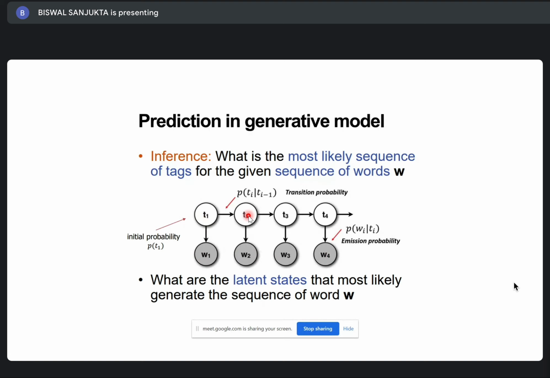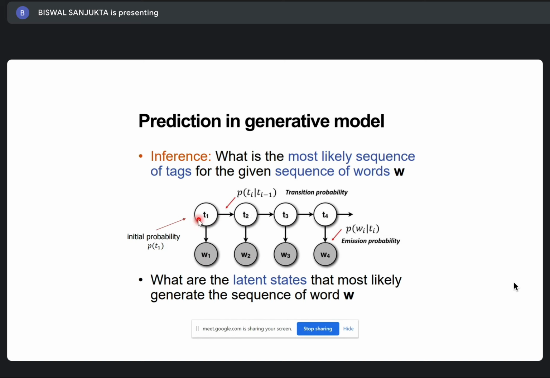Whereas the tags T1, T2, T3, T4 are all hidden states, because if you write a sentence or if someone is saying a sentence, what you can observe is the words. The tag is something underlying that is present, so you can say that is a hidden state.